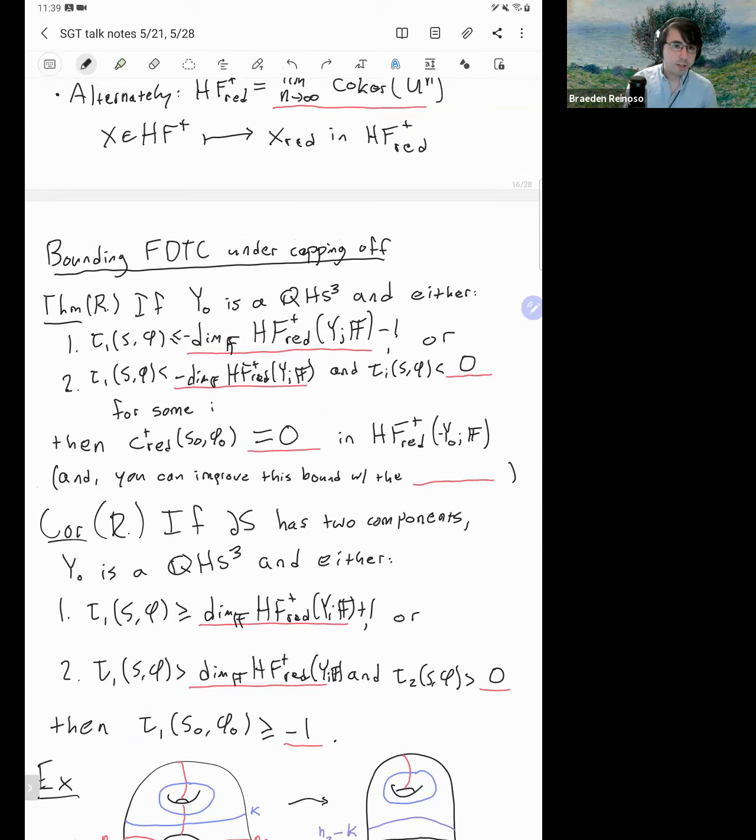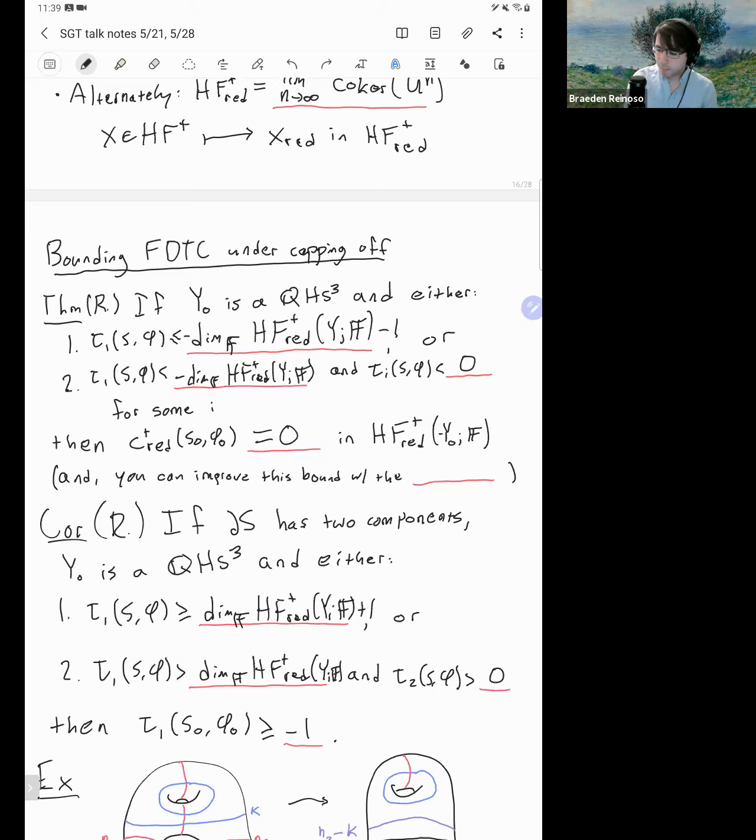So it's not just that your contact invariant is non-zero, but that your reduced version of it is non-zero if it's indefinite. And so you can see this theorem is telling you that if you have some sufficiently small Dehn twist coefficient, then after capping off, you get some non-indefinitely fillable contact structure. That is maybe one thing that you could immediately say.